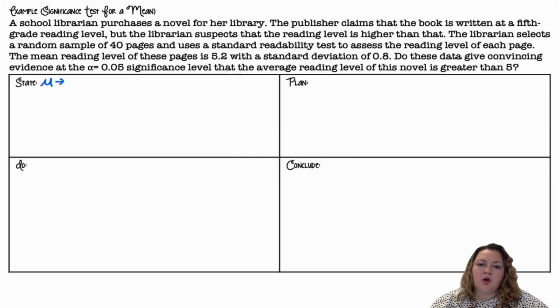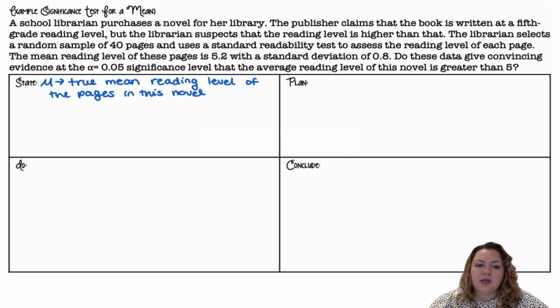All right, so our parameter is going to be mu because we are working with averages. So mu is the population mean, the true mean reading level of all pages in this novel. My null hypothesis would be that mu equals 5, which is the claim, and then the alternative is that mu is greater than 5 because they specifically use the term greater than.